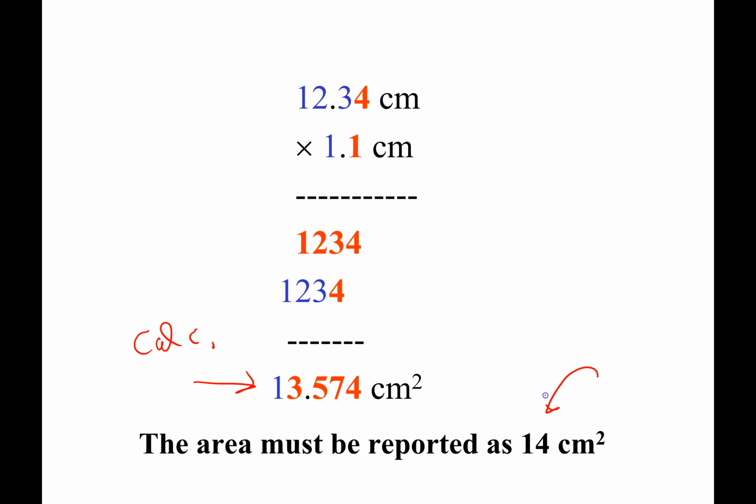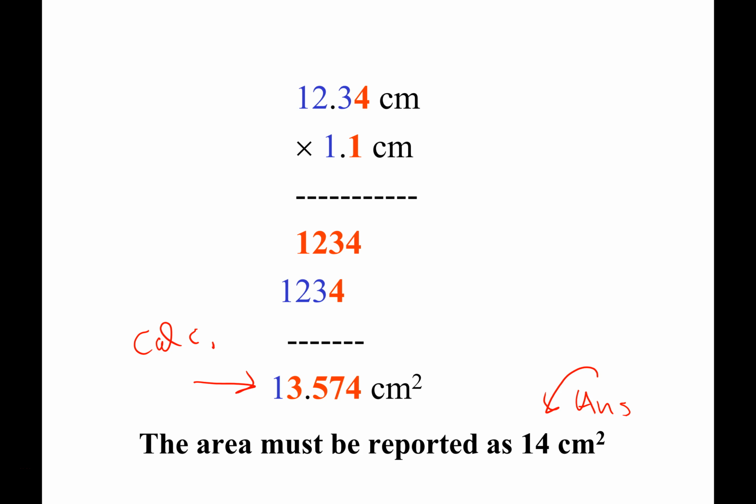But here, I will probably write ANS, for that's the real correct answer. It is a form of lying. 13.574 centimeters squared is lying. I'm not going to turn it in for plagiarism or whatever, but it's not right. 14 is correct.